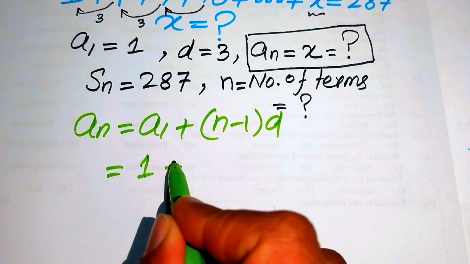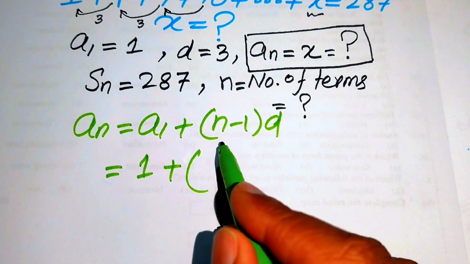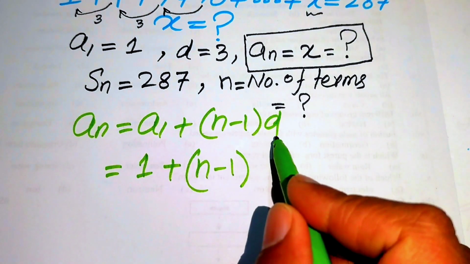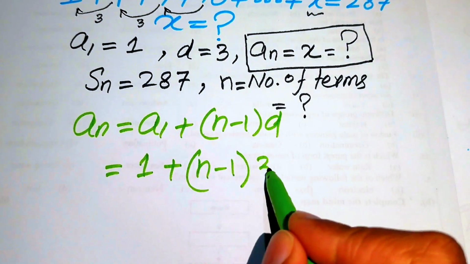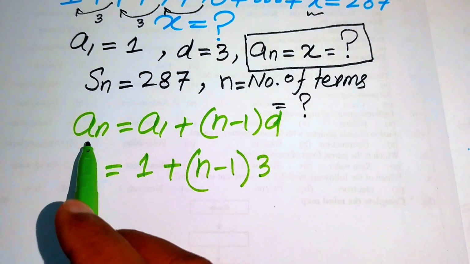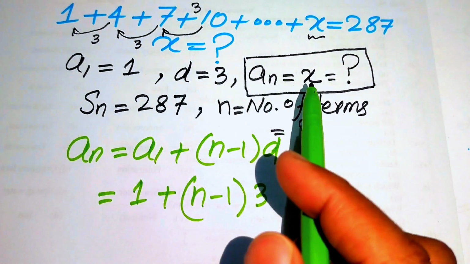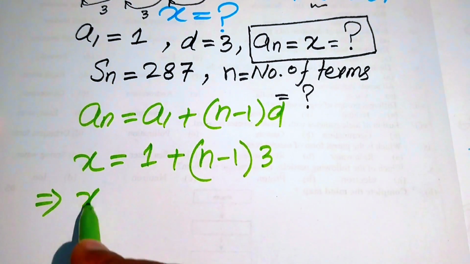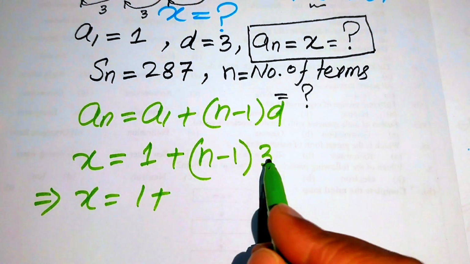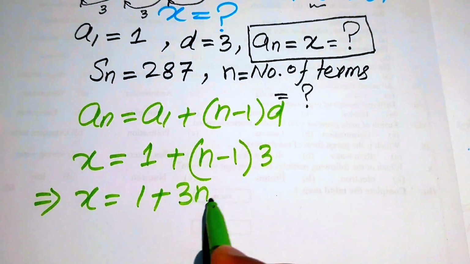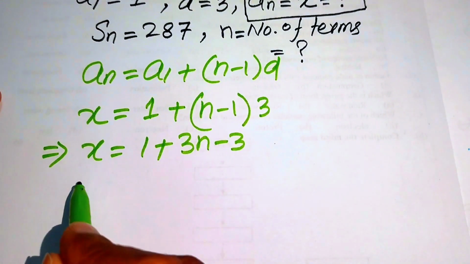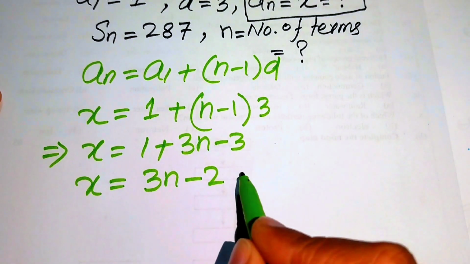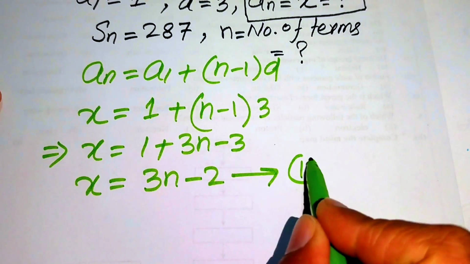So this becomes 1, and we don't know about this n, so here we find the value of n, and we write it as it is. And we have d equals 3, so we substitute it here. And the nth term of this series is x, so we write x here. So now this implies that x equals 1 plus, multiplying this 3 on both terms, we get 3n minus 3. And here you have x equals 3n minus 2, and we call this equation number 1.